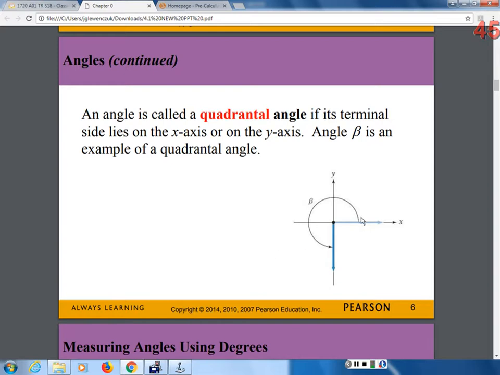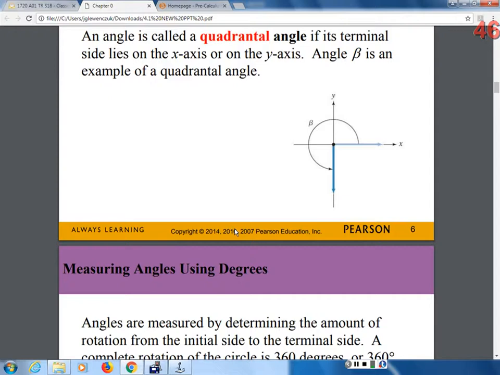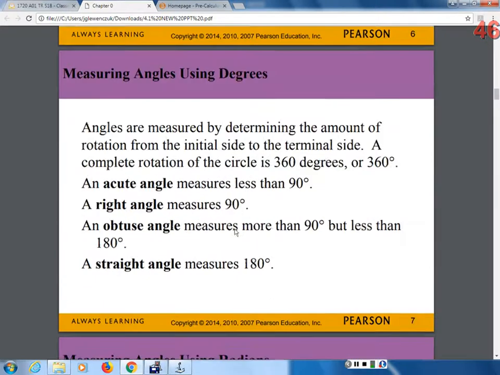So, if it's stopped at 90 degrees, it would be quadrantal. 180 would be. This is 270. Then we also have to learn to count in pi and stuff too. All right. So all these terms, you got to know them.